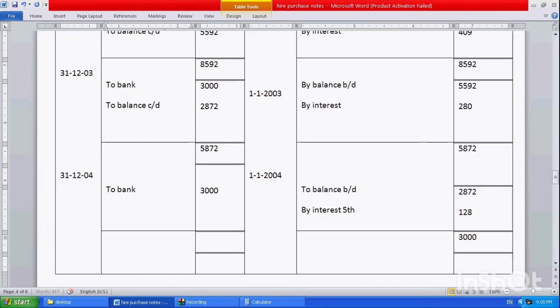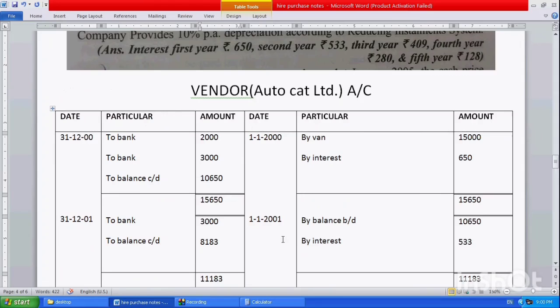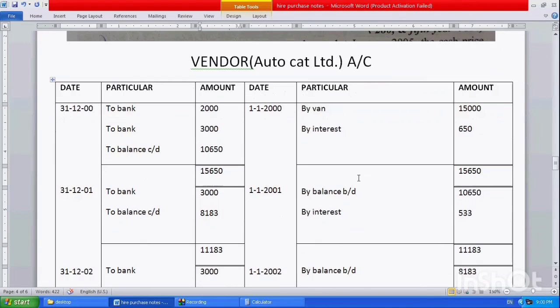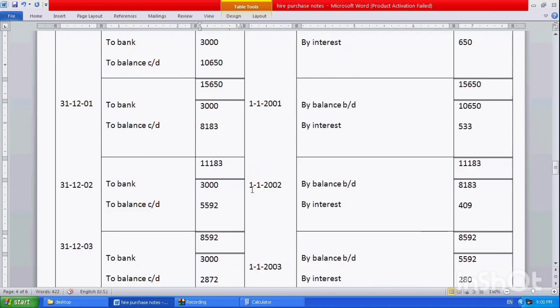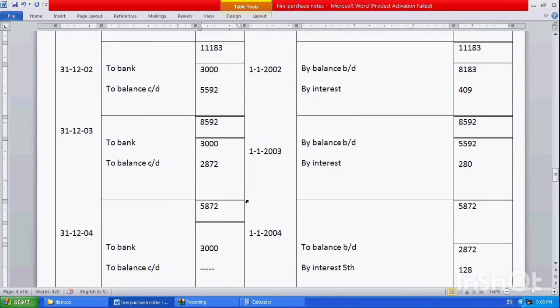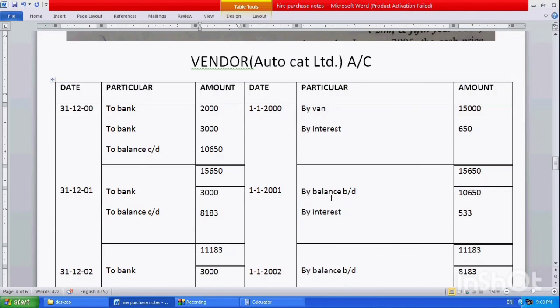There is no need for balance carried down. Let's tally the ledger balances. So here you can see the balance carried down. This is the last, 2004.